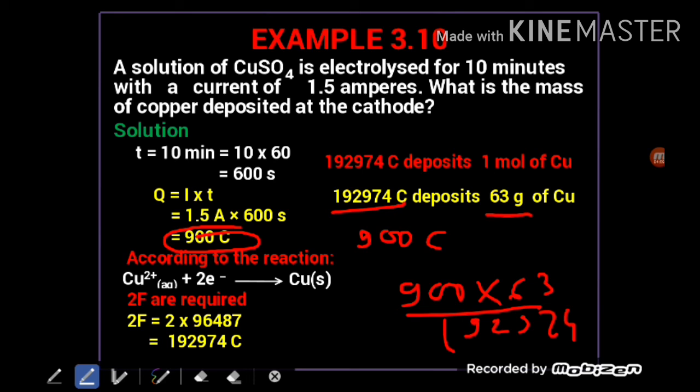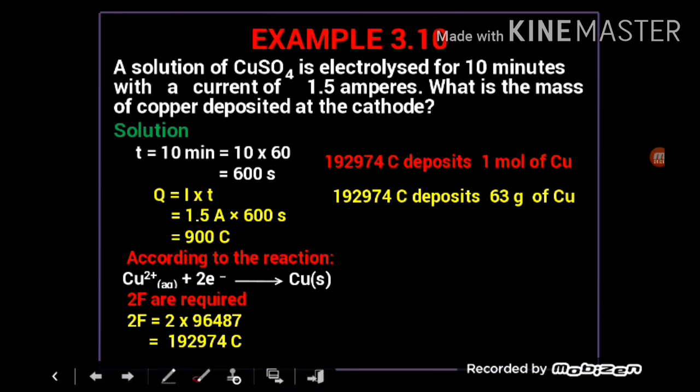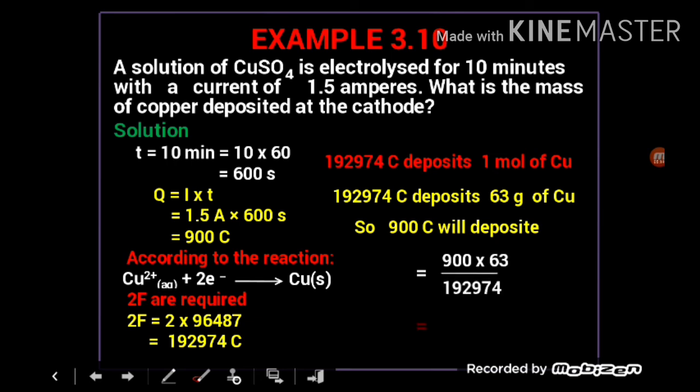So 900 coulombs will deposit 900 into 63 divided by the amount of charge. The answer will be 0.2938 grams. This is the mass of copper which will be deposited at the cathode.